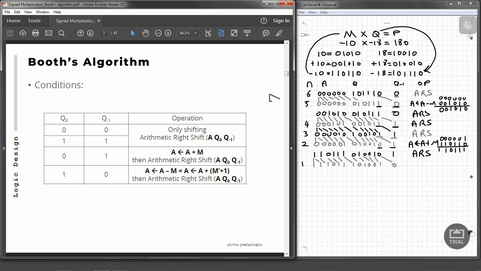And we have to compare, which is 1 0. So now 1 0, it's going to be A minus M. Now A minus M we have to perform, and our A is 1 1 1 0 1 1, and our M is, it's minus M, so it's going to be plus 0 0 1 0 1 0.